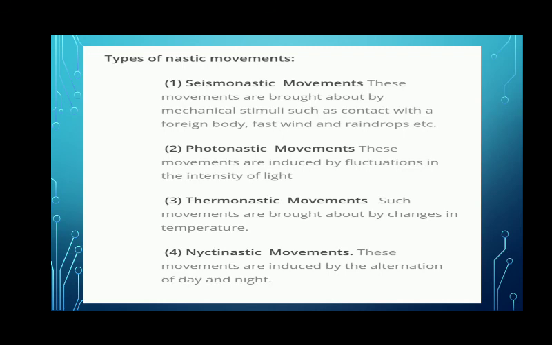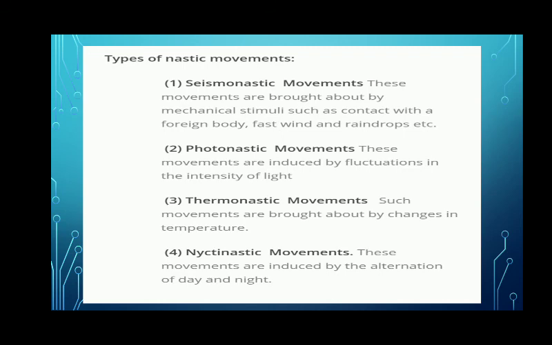The second is photonastic movement. In photonastic movement, the stimulus is light, and these movements are induced by fluctuations in the intensity of light. Like I just told you, the dandelion flower and morning glory flower open in bright light and close in the evening when light fades.